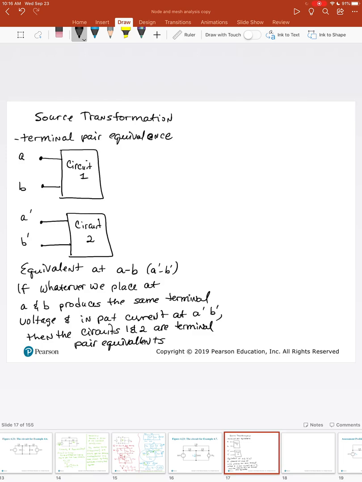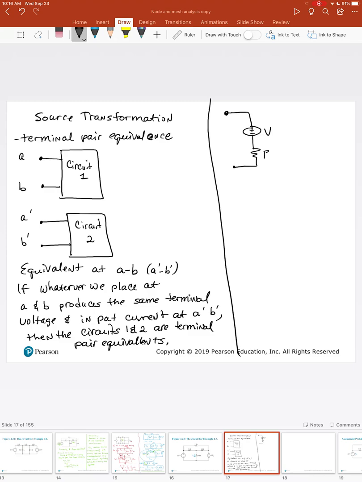Now we have already done this. When we do a resistor simplification and we take, for example, a couple of resistors that are in parallel and substitute those with the equivalent parallel resistance, we've, for all practical purposes, found a terminal pair equivalent. It turns out it's possible to do this in the case where you have a voltage source in series with a resistor.